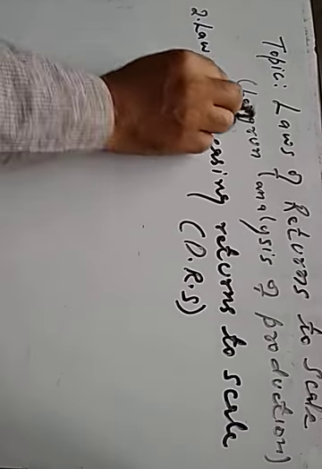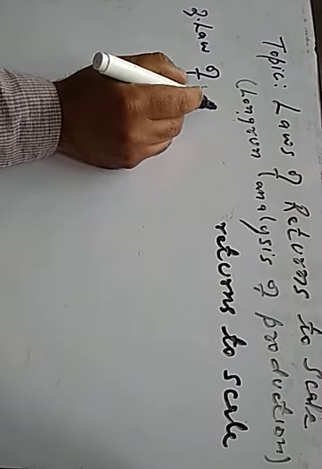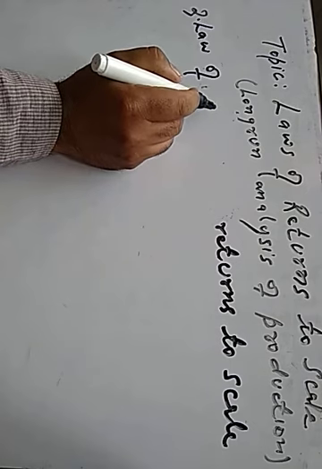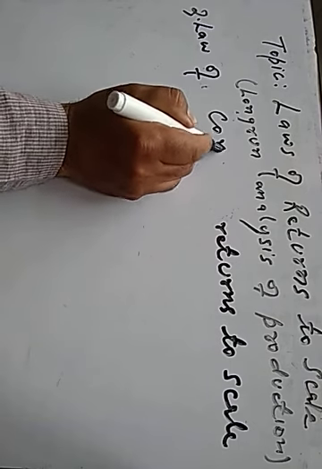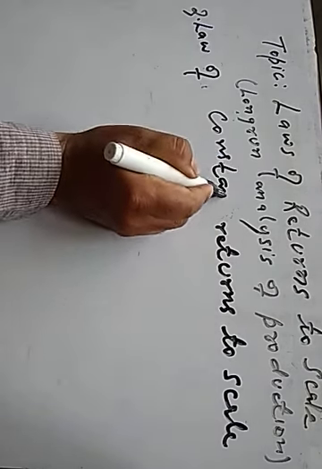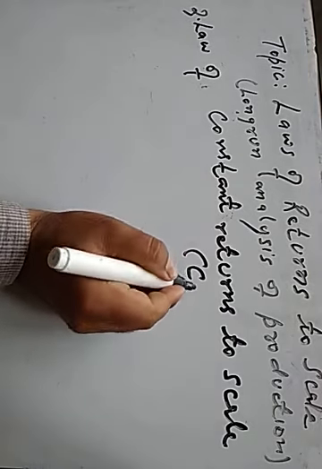Now we will come to know about the last law of returns to scale, which is known as constant returns to scale. Third law of returns to scale, that is the law of constant returns to scale, CRS.